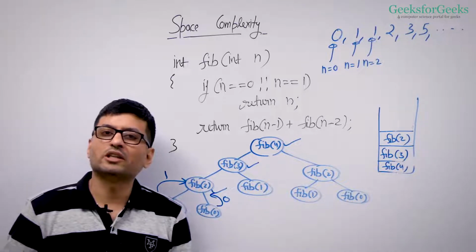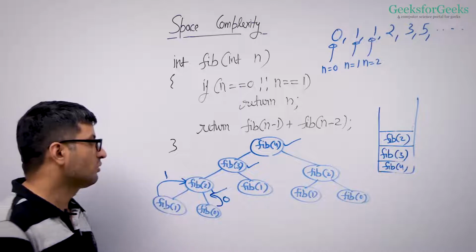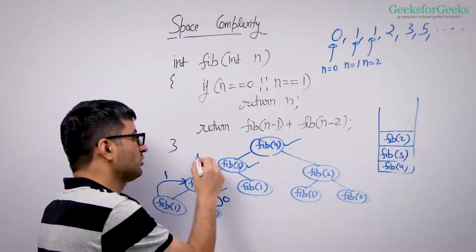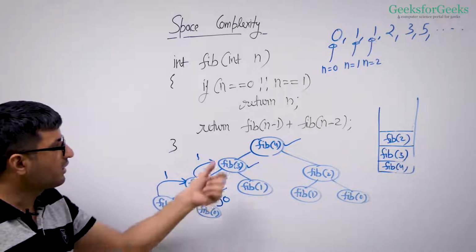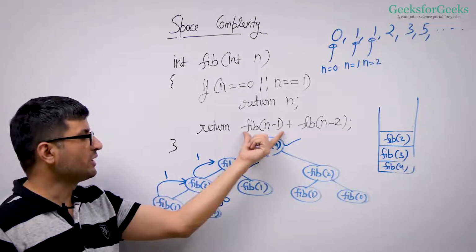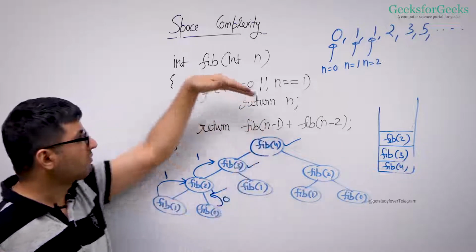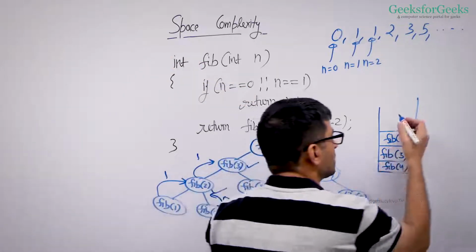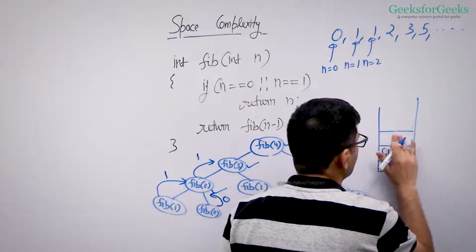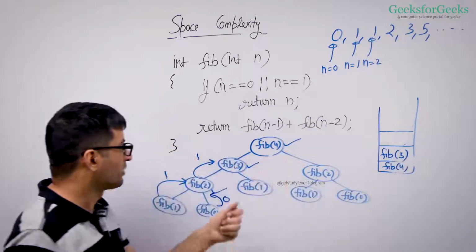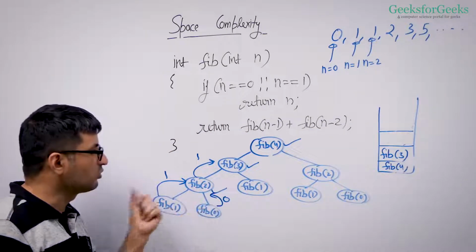And what does the parent call do? It does 1 plus 0, 1, and gives the control back to its parent. Now the parent, which was waiting here, makes a recursive call for Fibonacci 1. So Fibonacci 1 begins its execution, and it goes into the recursion call stack. Fibonacci 2 also goes out of the recursion call stack, right? Because Fibonacci 2 was finished when these two were called.